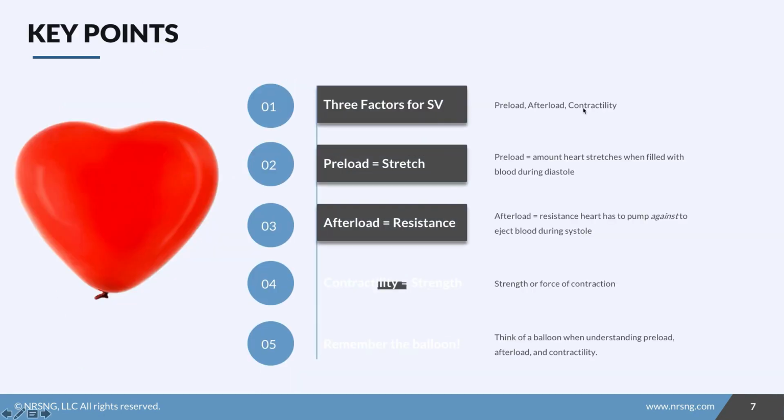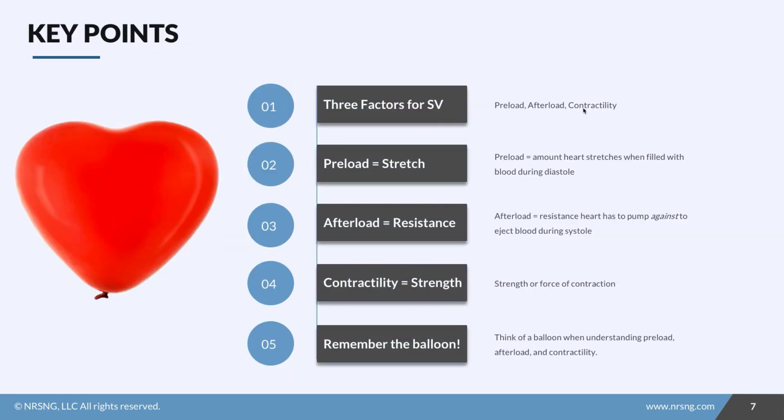So let's recap a little bit. Cardiac output equals heart rate times stroke volume. Stroke volume is three factors: preload, afterload, and contractility.